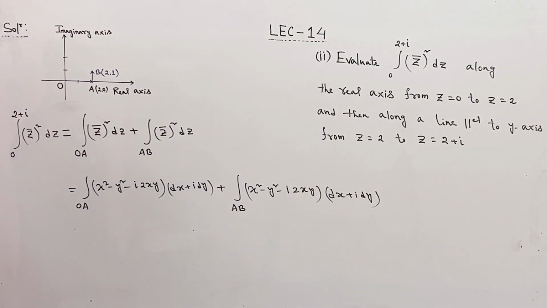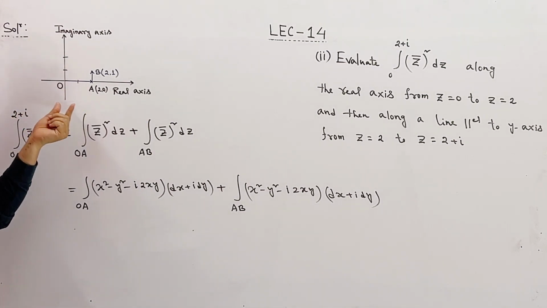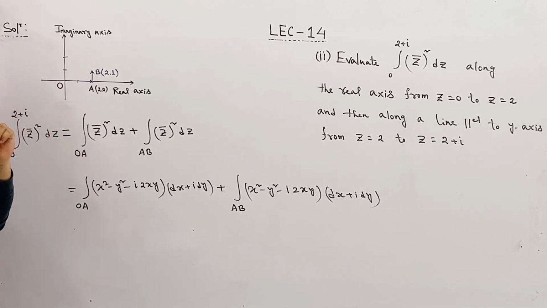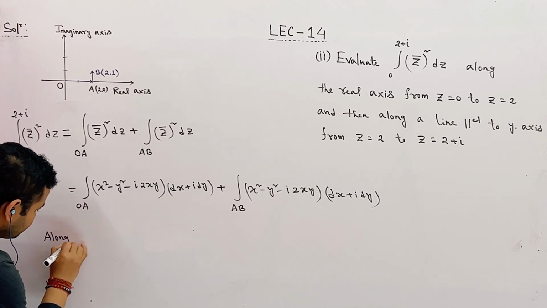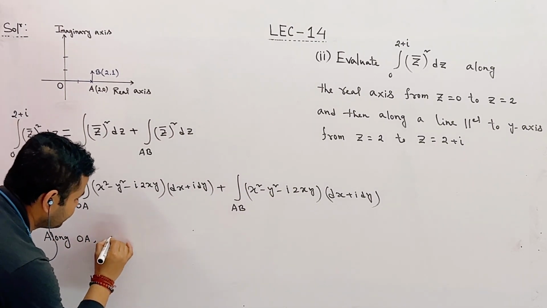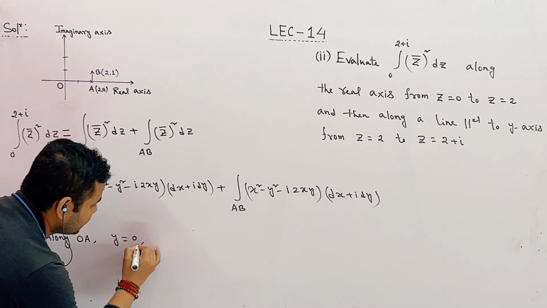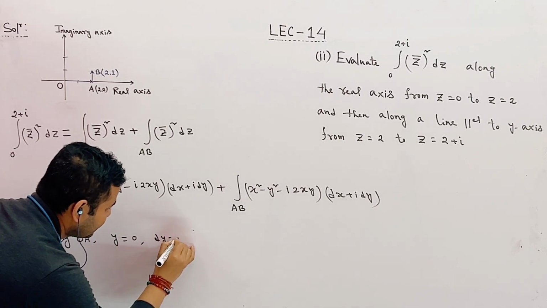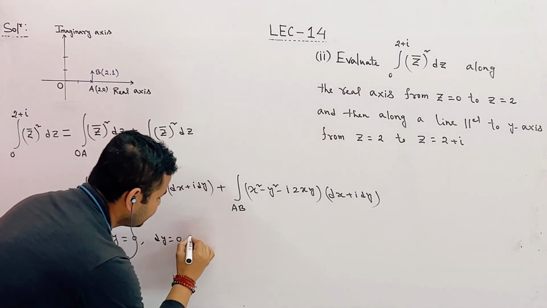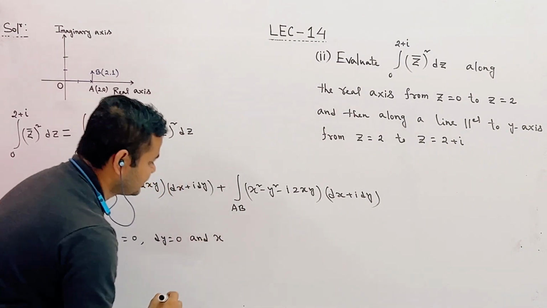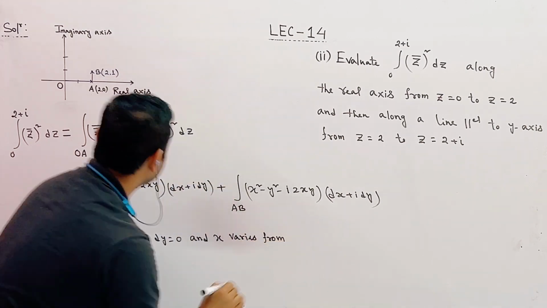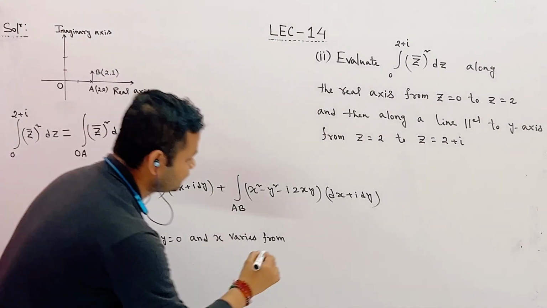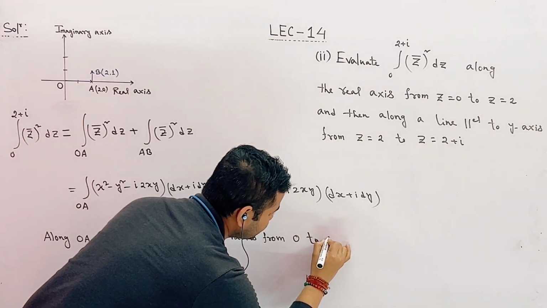Now let us change the limits. We have seen that along OA, y is equal to 0 and dy is also equal to 0, and x varies from 0 to 2.